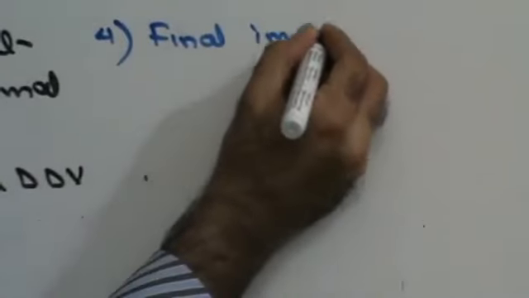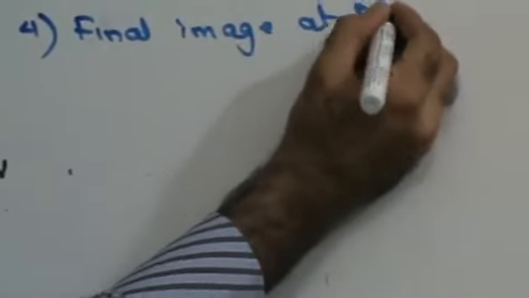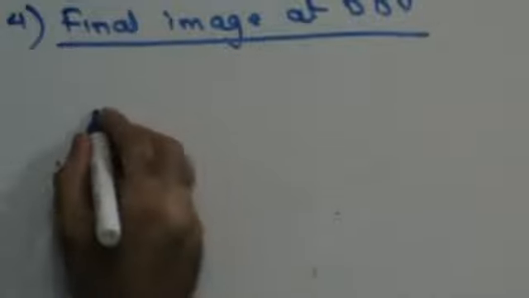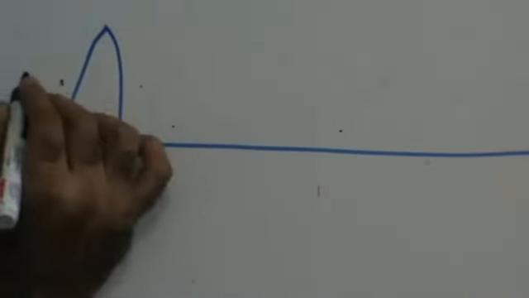Final image at DDV, distance of distinct vision, right? How does the microscope work? Now let's see this. You will have the objective, principal focus, rays of light coming from infinity.